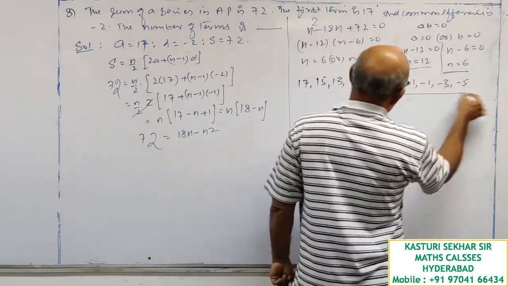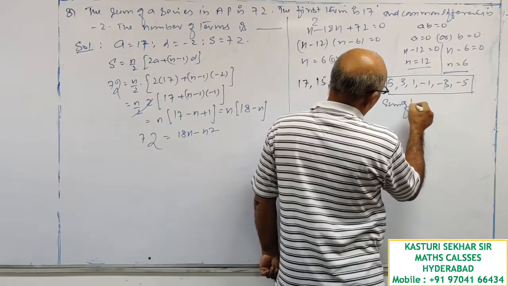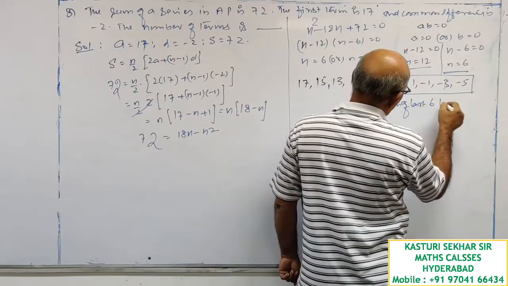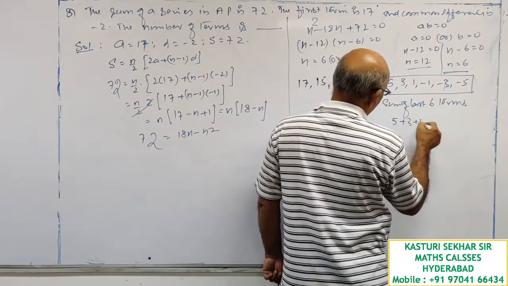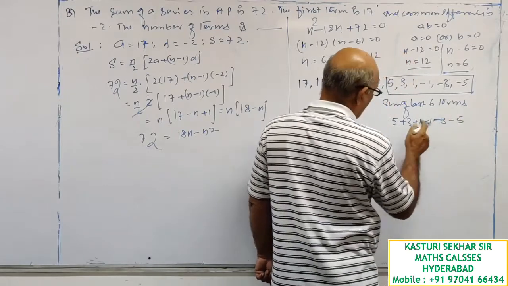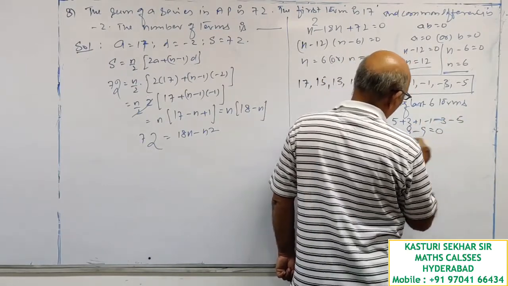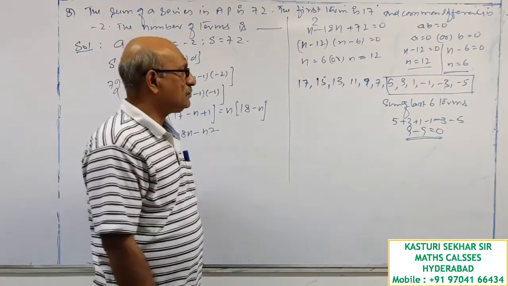Look at the sum of the last 6 terms: 5 plus 3 plus 1, minus 1, minus 3, minus 5. 9 minus 9, 0. The sum of the last 6 terms is 0.